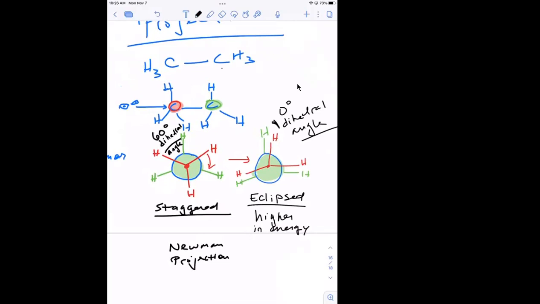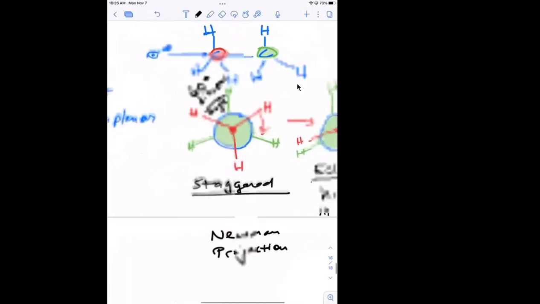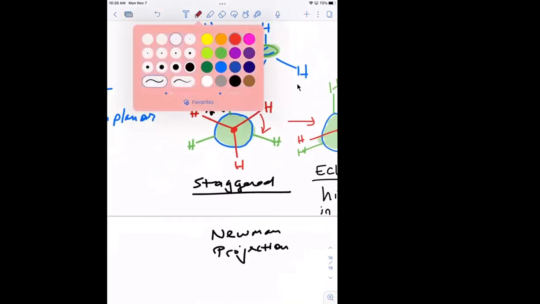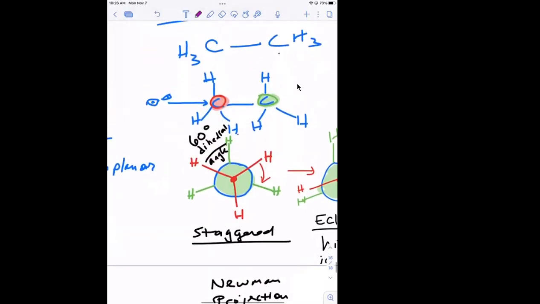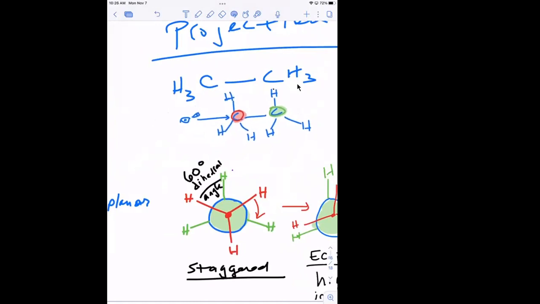All right, what I want to define here is what I mean by anti. Right? So in the staggered conformation, this hydrogen right here, and these 2 hydrogens right here are what we call anti.